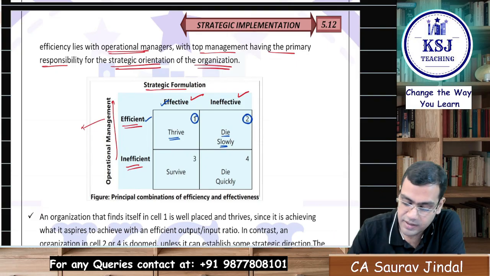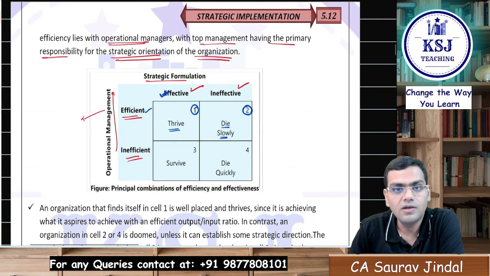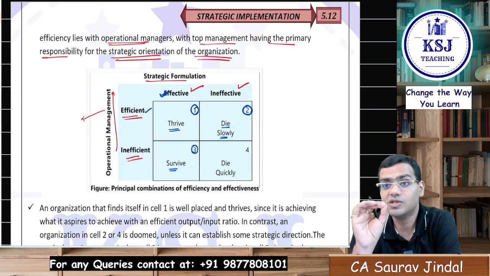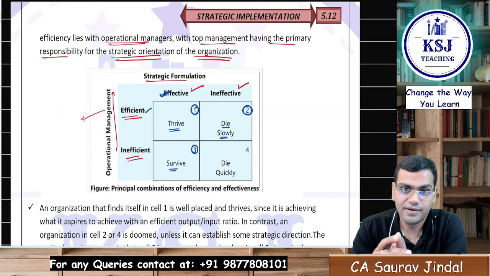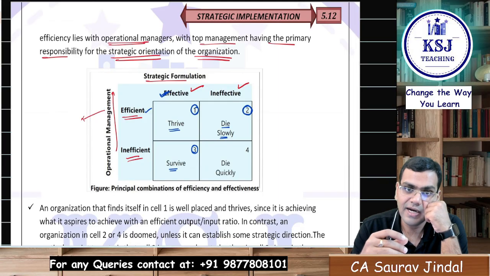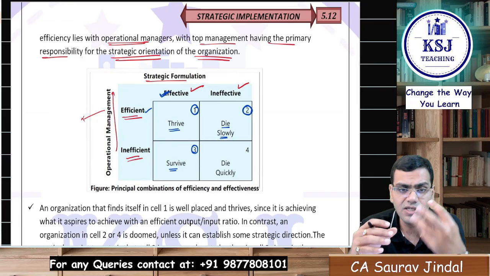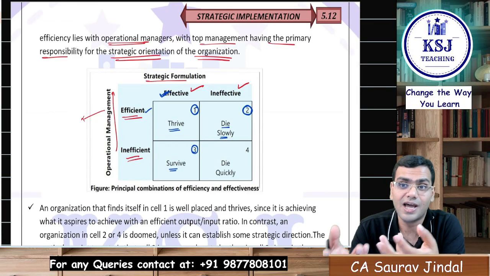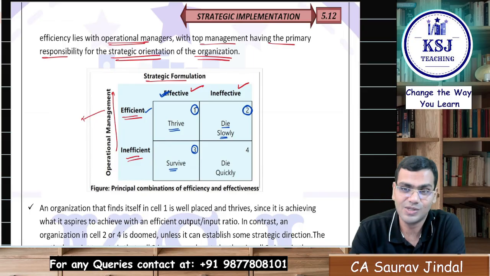The third one: if your strategy formulation is effective but your operational management is ineffective, you will be able to survive for some time. Why? Because your strategies are good, but your operational management is not. The strategy is to earn 15% gross profit, or to sell 10,000 units, but your input-output ratios are not able to give you 10,000 units.